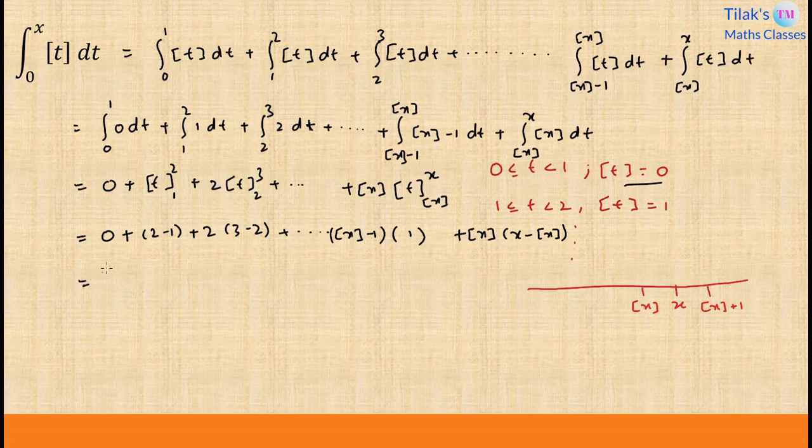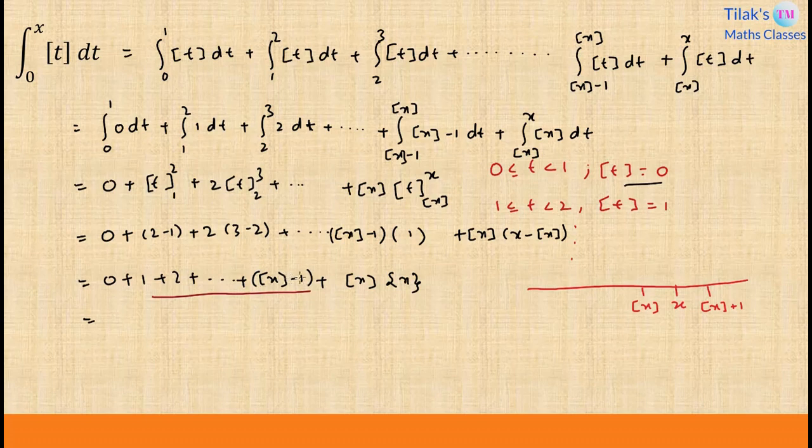So, that is equal to 0 plus 1 plus 2 plus so on till the last integer value that we get here is greatest integer of x minus 1, plus the last term is greatest integer of x into x minus greatest integer of x, which we can write as fractional part of x. What we have here is the sum of natural numbers up to greatest integer of x minus 1.